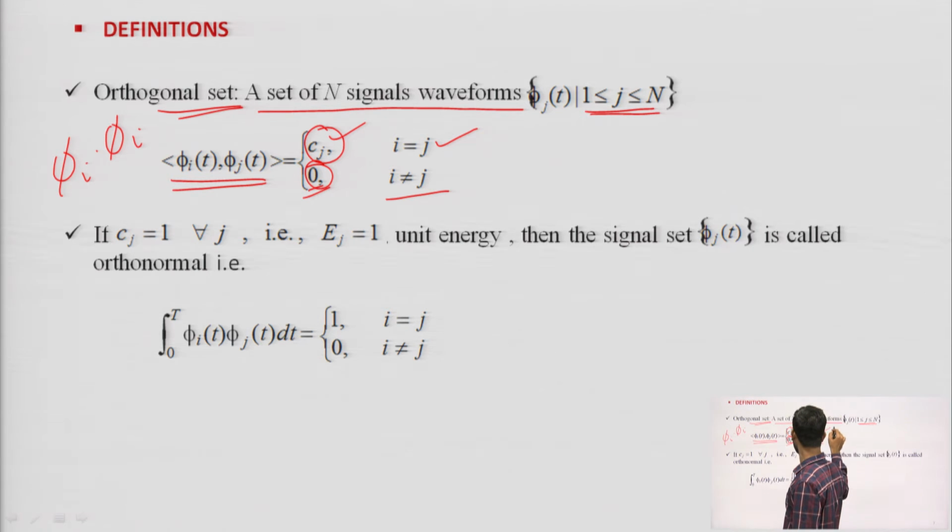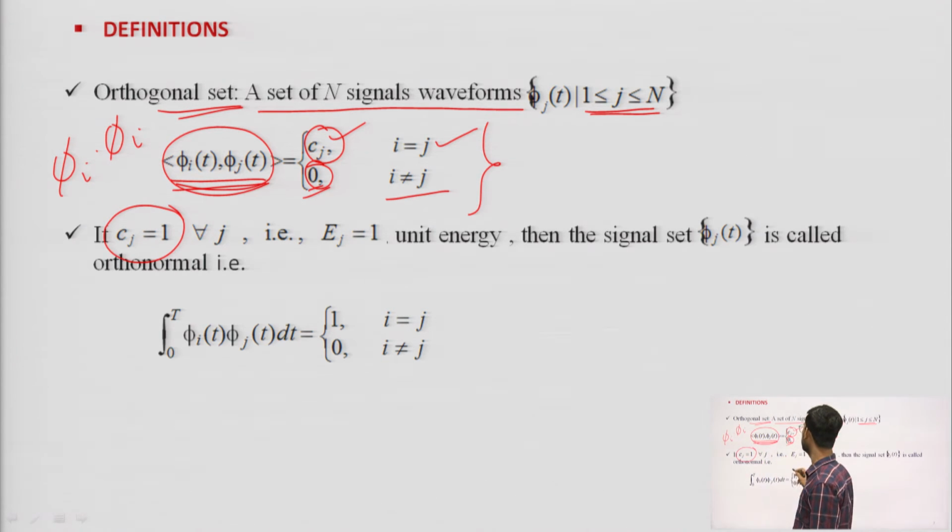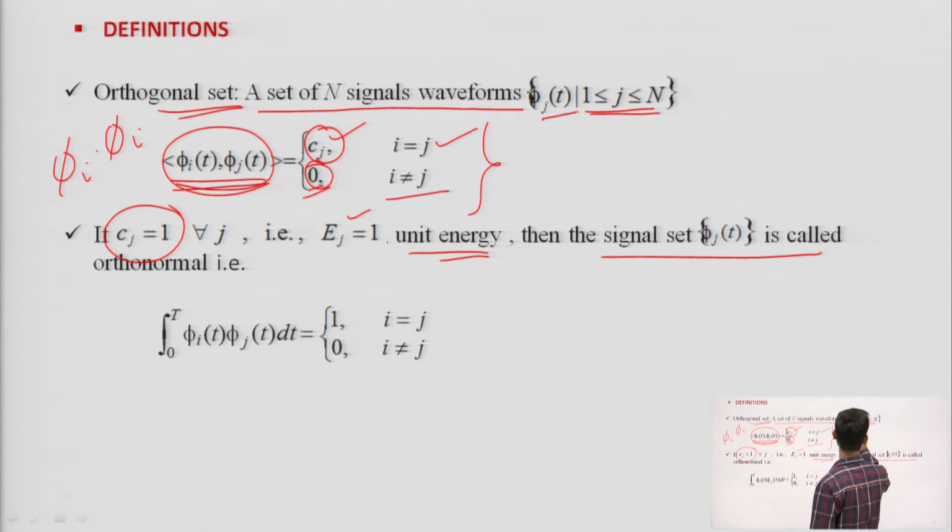So, same in this output, if Cj is your constant 1 for all j, that is Ej equal to 1, that is unit energy, then the signal set phi j t is called orthonormal. So, what will be the orthonormal?